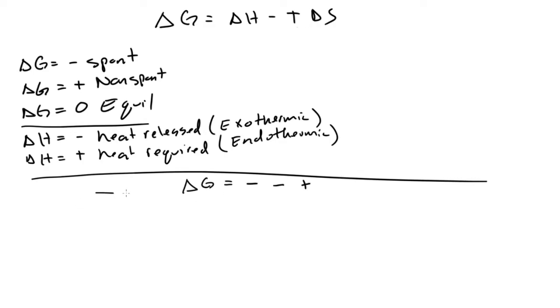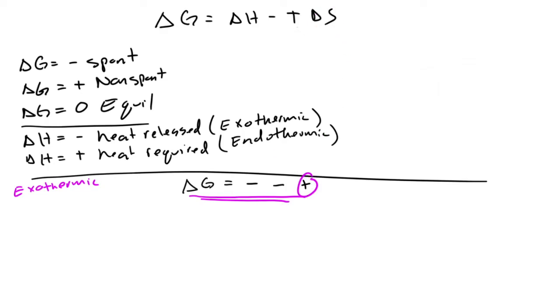So what this is saying right here, let me get that, I got pink. This is going to be an exothermic process, because delta H is going to be a negative, and then this minus sign there, and then look, this delta S right here, that's going to be a positive.